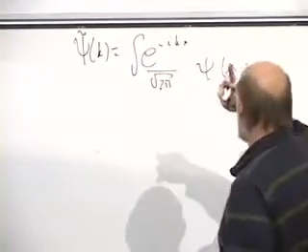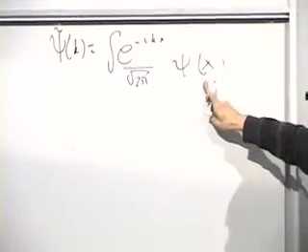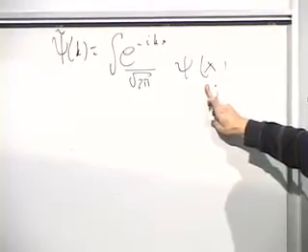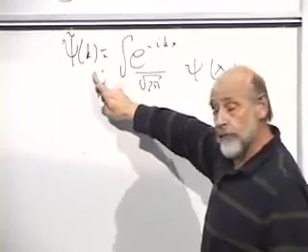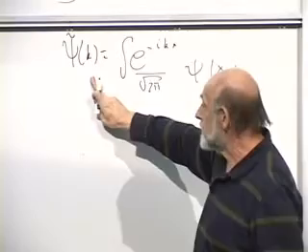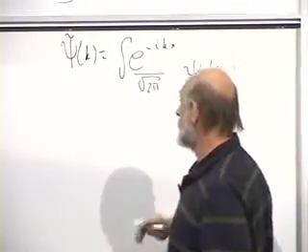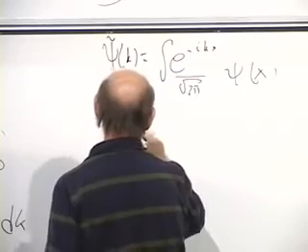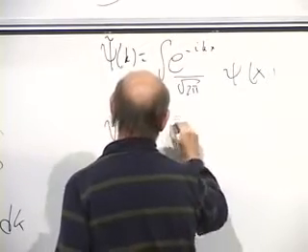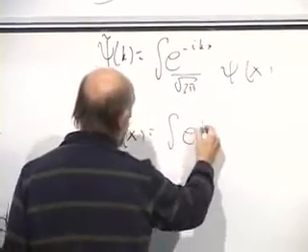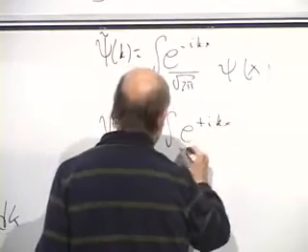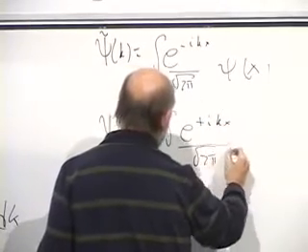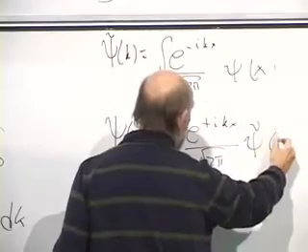If somebody tells you the position space wave function, you can immediately read off the momentum space wave function from this formula. On the other hand, if somebody tells you the momentum space wave function, you can read off the position space wave function, e to the plus i kx over the square root of 2 pi psi twiddle of k.